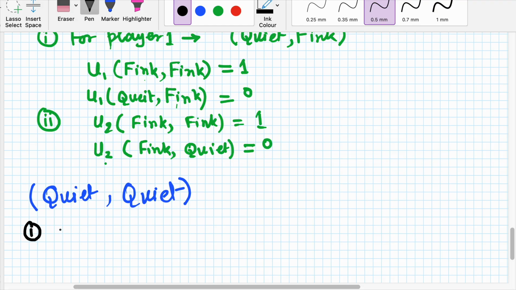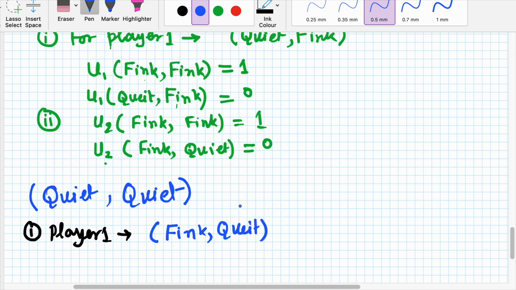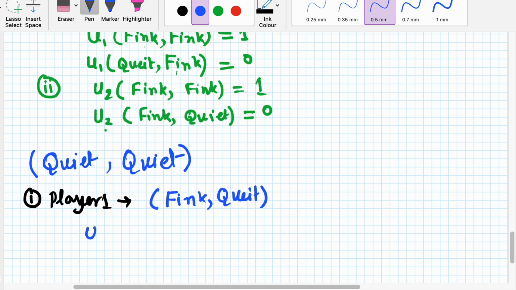From player 1's perspective, what can she do other than playing quiet? It is obviously fink. Now let's see what the utility of quiet is.